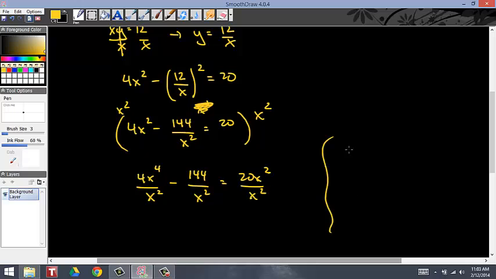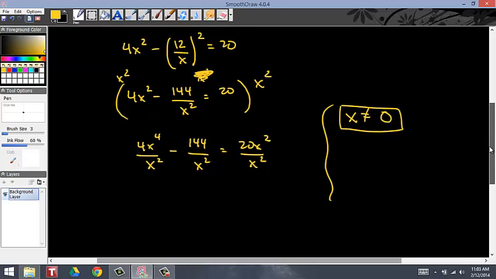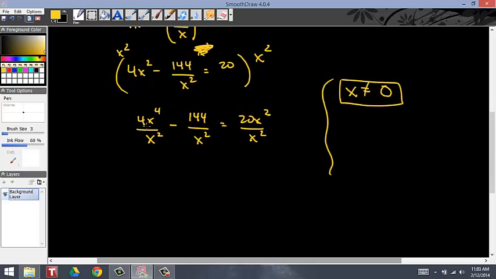Got to establish something in our domain. What can't x equal since I have an x in the denominator? Can't equal 0. Okay, so I've got to make sure I keep that in mind. So now I am going to go ahead and cancel all those out. I'm going to say 4x to the fourth minus 144 equals 20x squared.